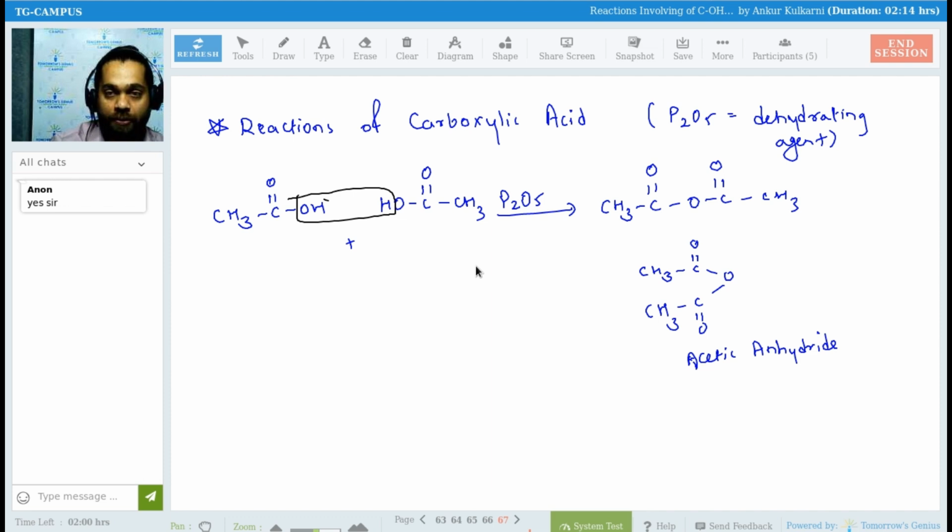P2O5 is a dehydrating agent. Ragul, Bhuvaneshwari, is it done? Bhuvaneshwari is done. Prashanti, okay.